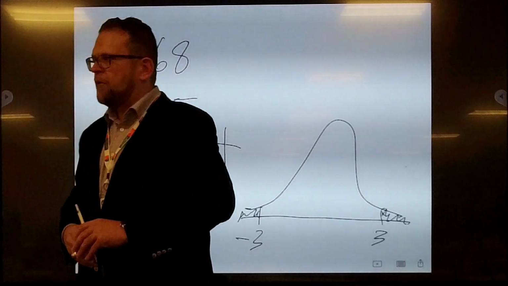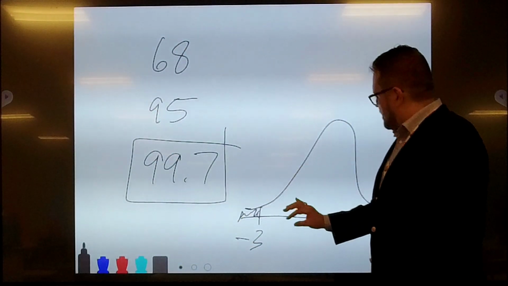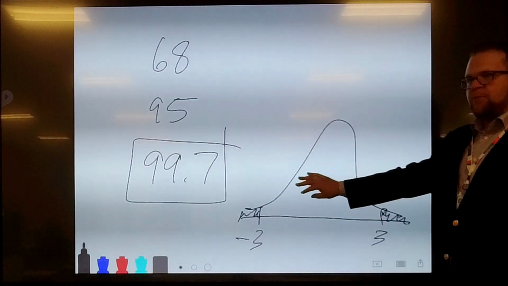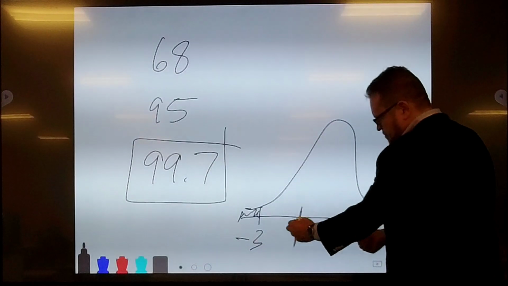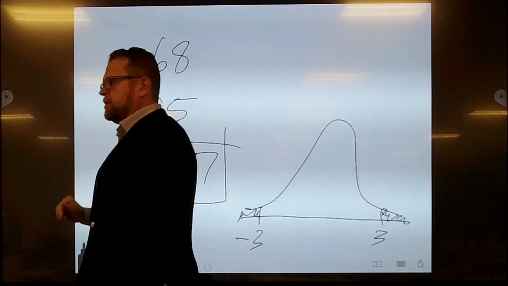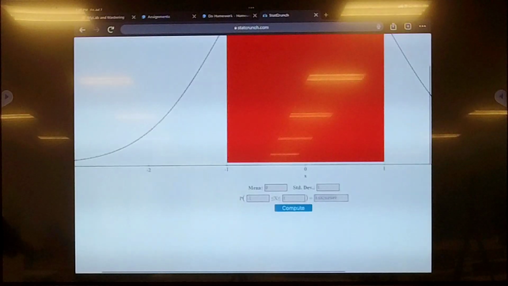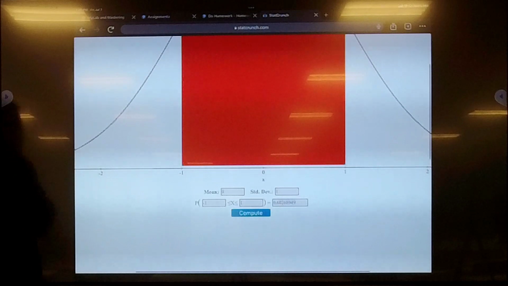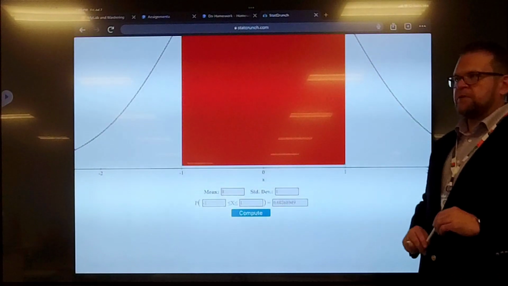In fact, you know how much area is out there. It's 0.3, because here in the middle would be 99.7. And if I adjusted this to be -1 and +1, then that would be 68% of the area. And look at how my calculator came out right out of the box. Between -1 and 1, we have 68% of the area.